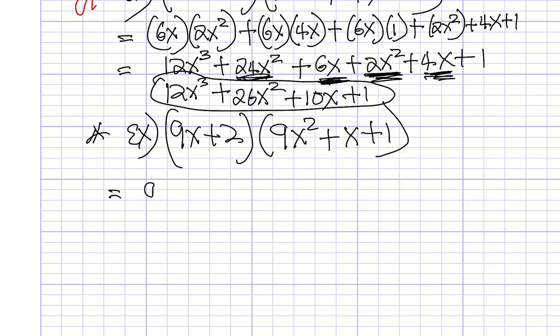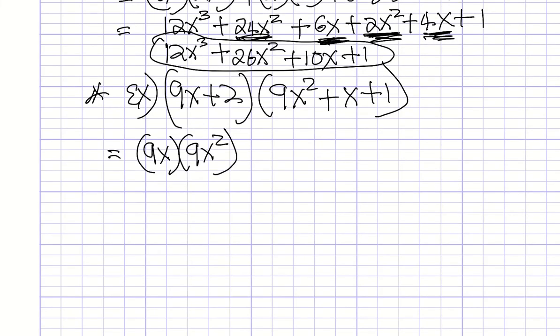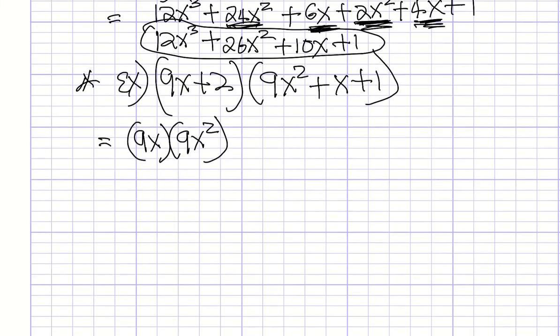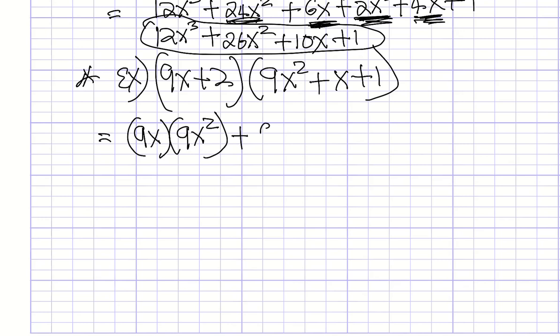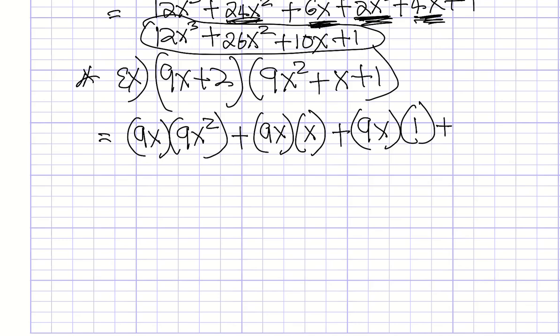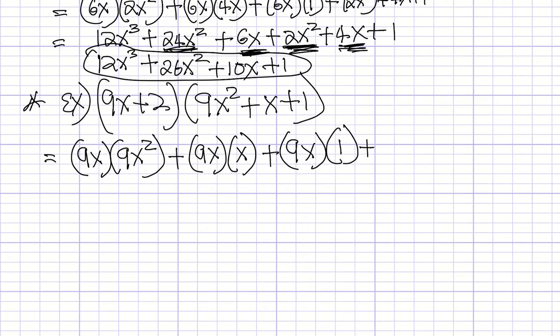It will be 9x times 9x squared. You see it, right? Okay. Plus 9x times x plus 9x times 1. You see it, right? And you keep going. Now you do with 2.